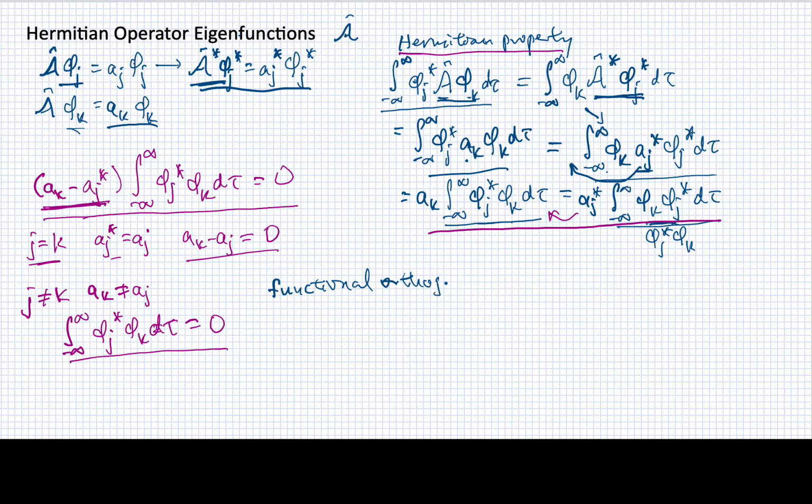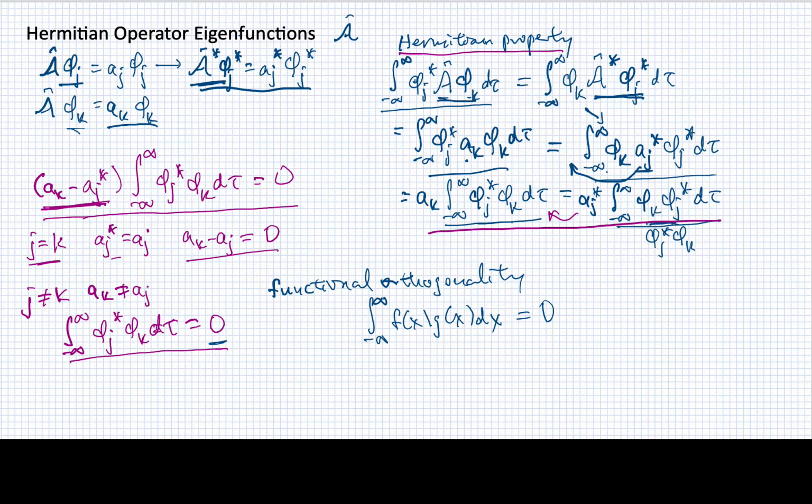And functional orthogonality results whenever I have two functions, let's say f and g, and I integrate them over all of the coordinates, and I get 0. So in other words, it is an outcome of integrating a product of two functions and getting 0 at the end.